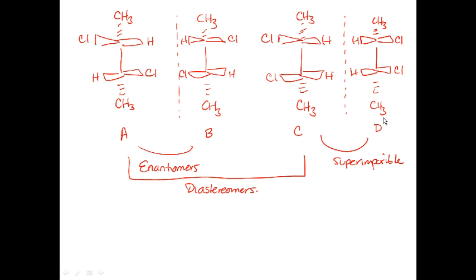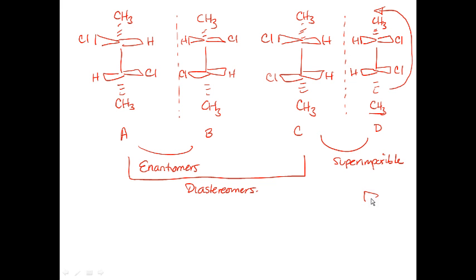And you might say, well, how are C and D superimposable? Well, if I took C and D and I rotated the entire molecule 180 degrees, so I rotate this CH3 to the top, this CH3 up here to the bottom, the two Cl's would come over on the left-hand side, the H's would go on the right.